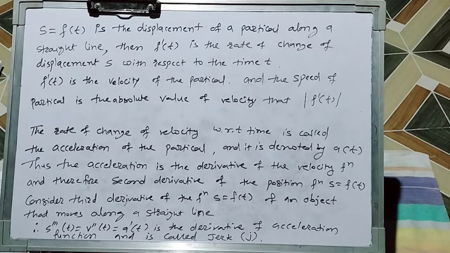So here, whenever displacement of a particle is given to us, then the derivative of displacement with respect to time is called the velocity, and the derivative of velocity with respect to time is called acceleration, and the derivative of acceleration is called jerk.